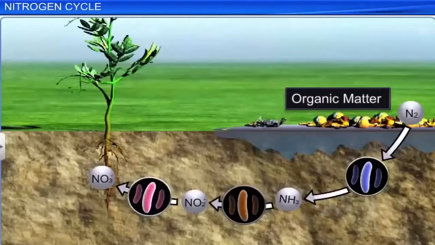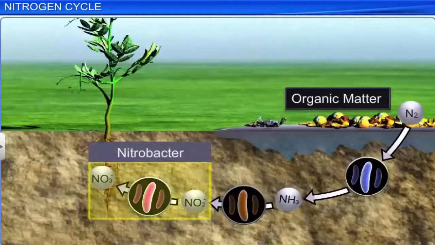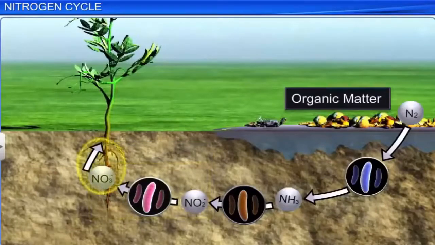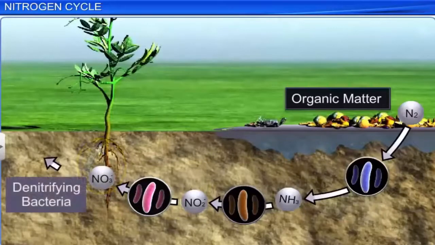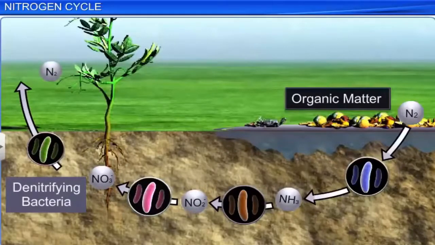Nitrites are further oxidized into nitrates by the bacterium Nitrobacter. Nitrates in soil are either taken up by plants or are processed by denitrifying bacteria, which release them as elemental nitrogen into the atmosphere. This process is called denitrification.